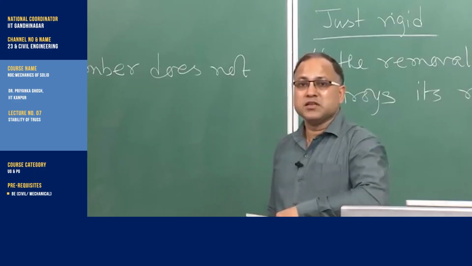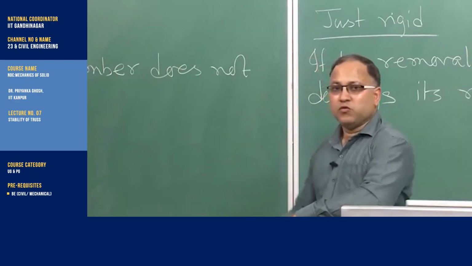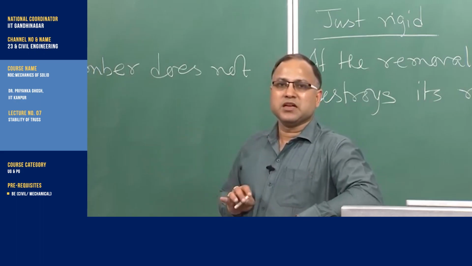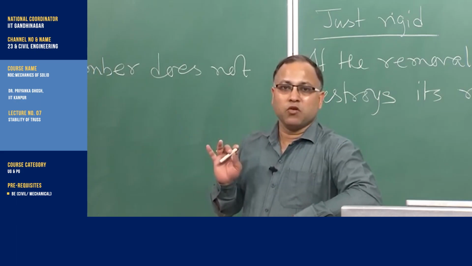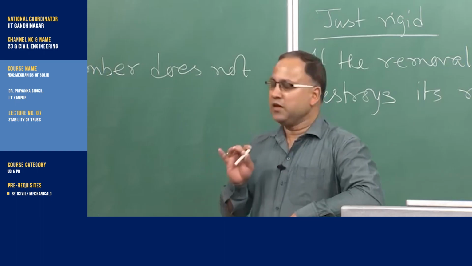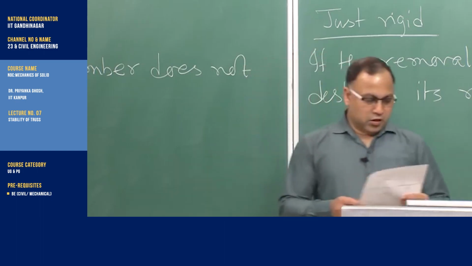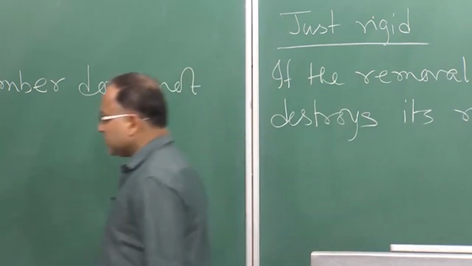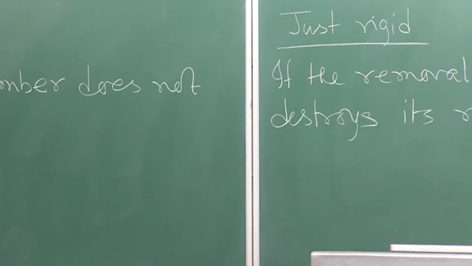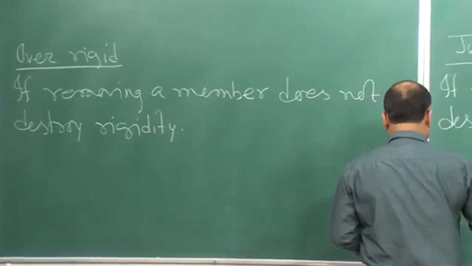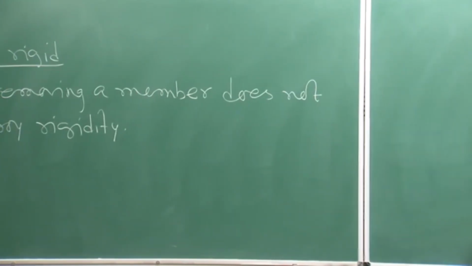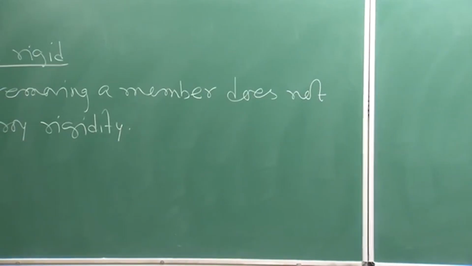If you remove a member and it does not destroy the rigidity, then the structure is known as an over rigid structure. Okay. So, now the obvious discussion that comes from this is: what is my basic structure which will tell me this is the rigid structure?